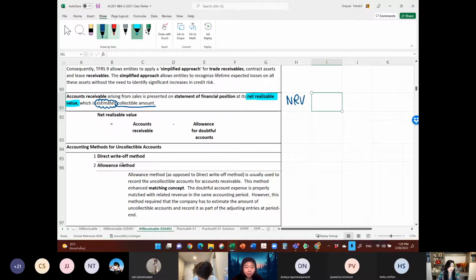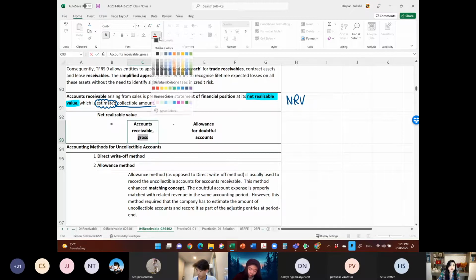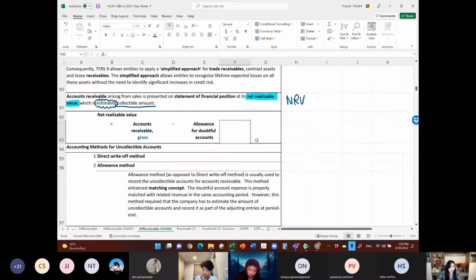So how do we do the calculation? We take the accounts receivable at its gross amount, meaning total. When we say gross, we mean total. So we take the gross amount of the receivable and then subtract the allowance for doubtful account.